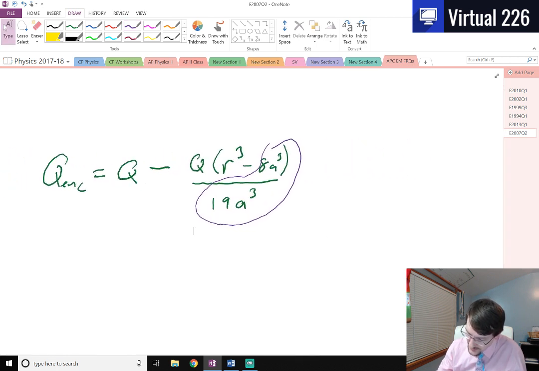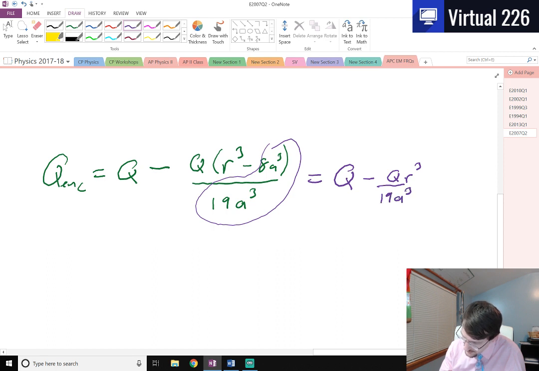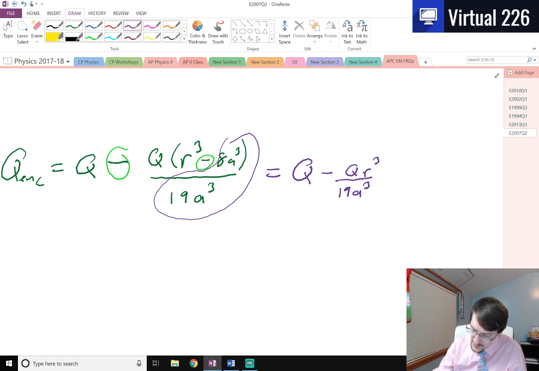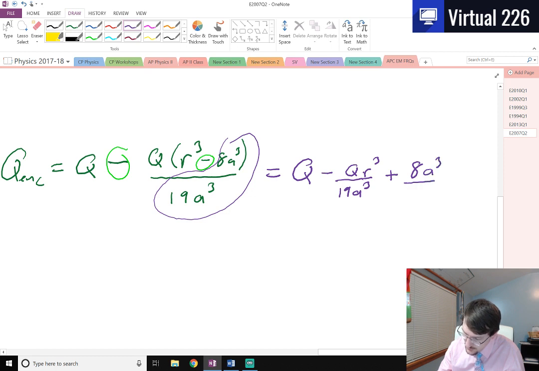So we're going to rewrite this as q minus qr cubed over 19a cubed. And then I'm splitting that subtraction, so the minus of a negative is going to be a positive. So this is going to be plus 8, and then it's going to be a cubed over 19a cubed.